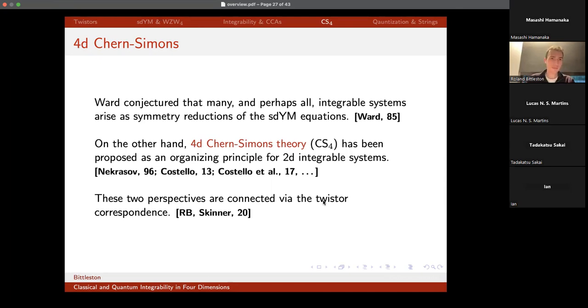Yeah, I should be a bit careful about what I say, because there's definitely some work on this. Certainly the advantage of these twistor techniques is that it allows you to quantize apparently non-renormalizable theories in an unambiguous way.